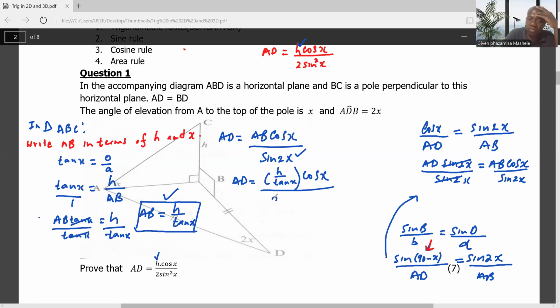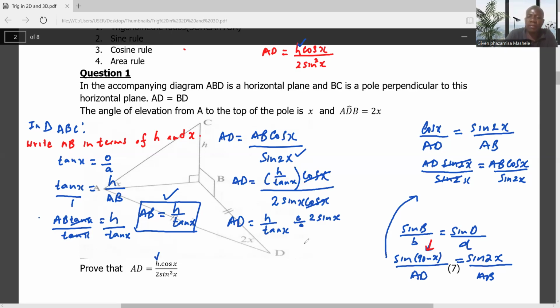So this is the same as 2 sine X cos X. So now the cos X and the cos X will divide. So we're going to remain with AD equals H over tan X at the numerator, divided by 2 sine X at the denominator. Okay, I believe you guys are following.